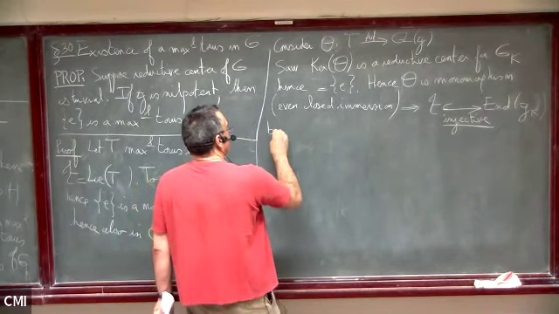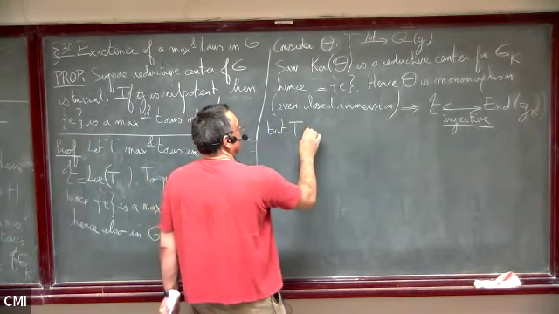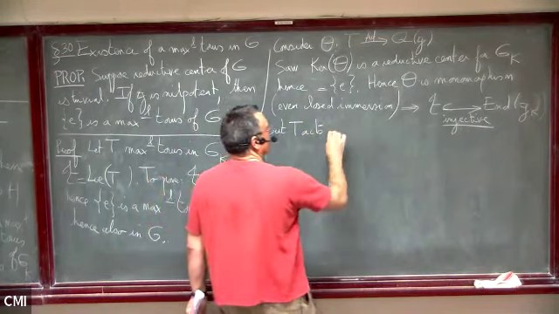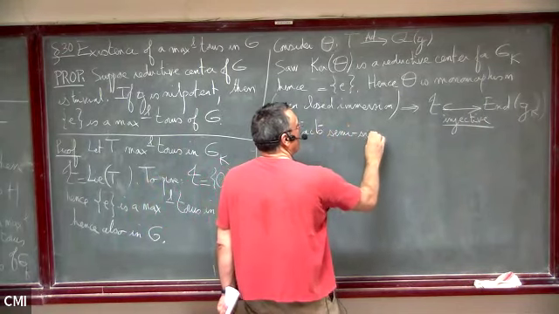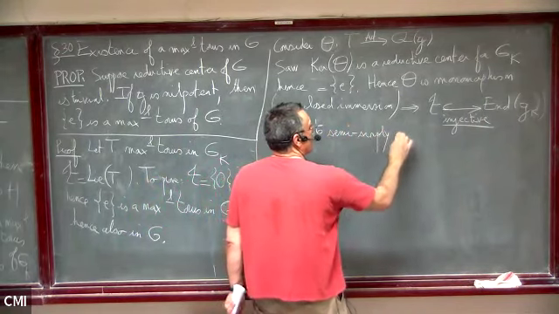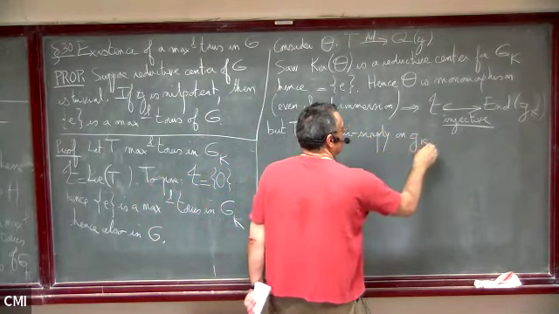Okay, but T acts semi-simply on the Lie algebra of G_K.